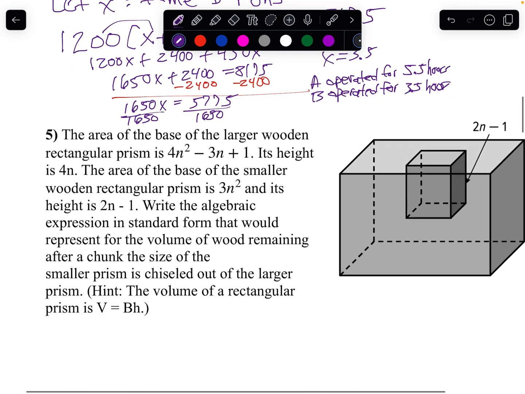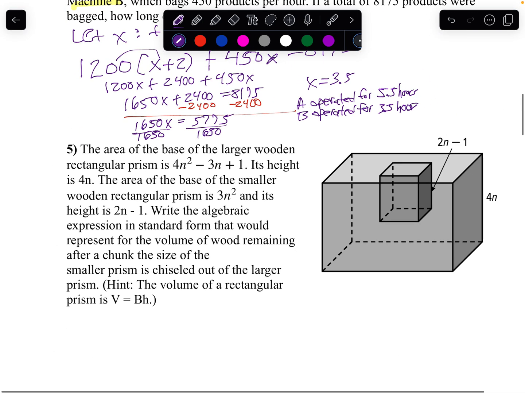Now, in question number 5, I want to find the volume of the box or of this prism that's contained after I take out the little one. So let's start with our big prism. According to our formula, the volume of a prism is the area of the base times the height.